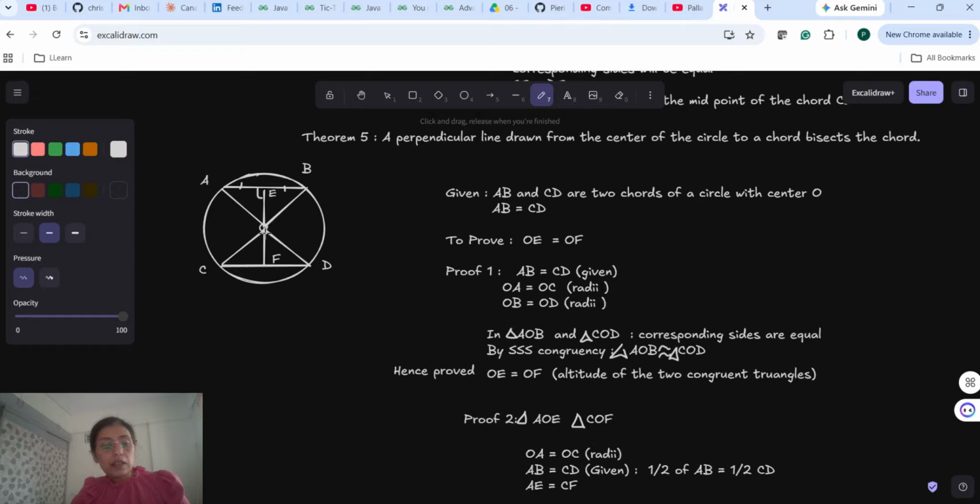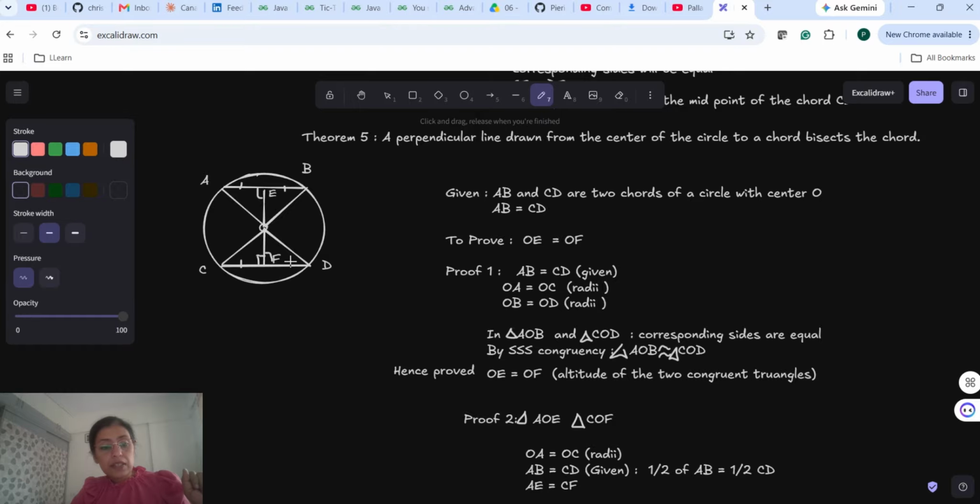Similarly, this OF is the height, or the distance, from the center to this chord CD. This distance is formed when we draw a perpendicular, and we had learned that a perpendicular line drawn from the center of the circle to the chord bisects the chord.